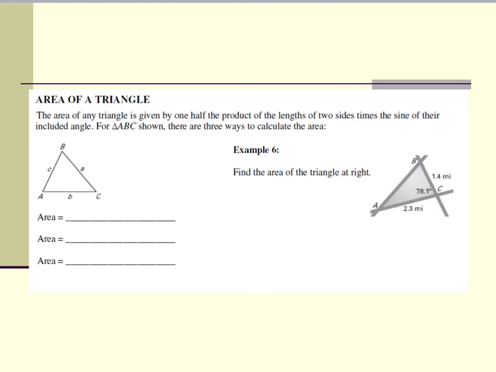We've got a few different ways that we can find the area. You could do 1/2 AB times the sine of C, or 1/2 BC times the sine of A, or 1/2 AC times the sine of B. So let's look here.